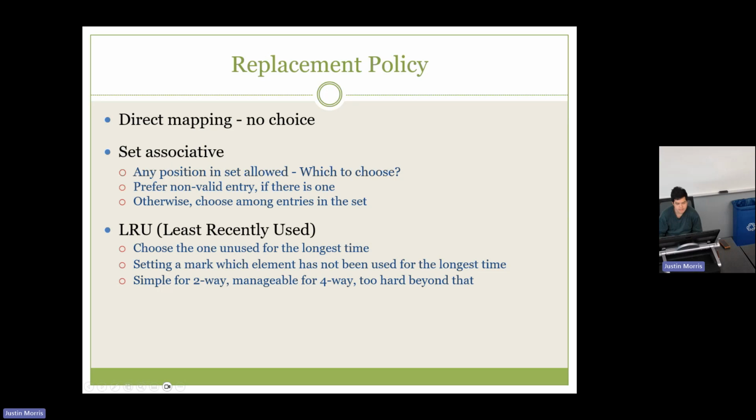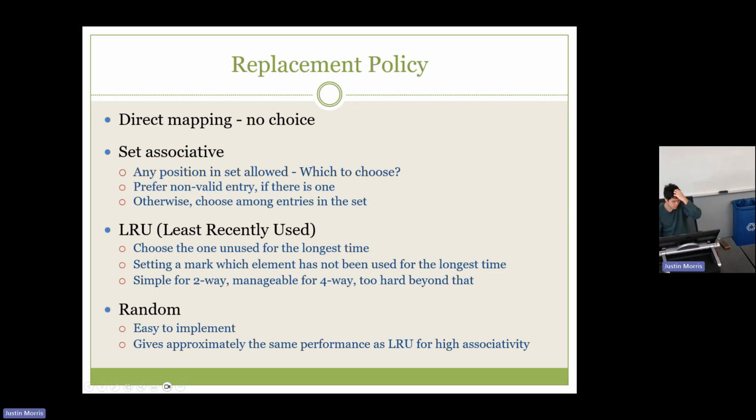So we need to have some bits in our cache to keep track of which one is the least recently used. This is very simple for two-way. Two-way, it's just one bit, right? And it's manageable for four-way. Four-way, now I need 2 bits, right? But it gets a little bit more complicated after four-way.